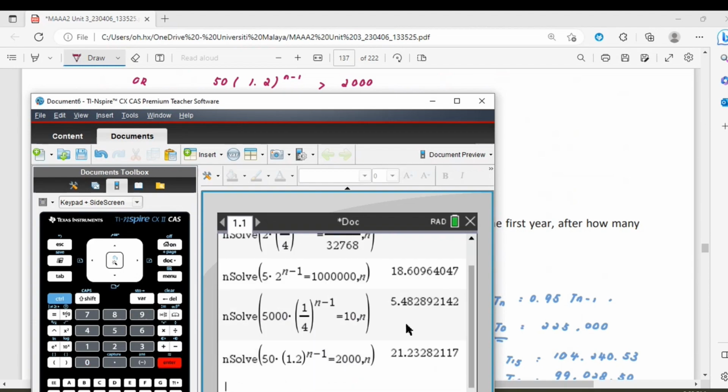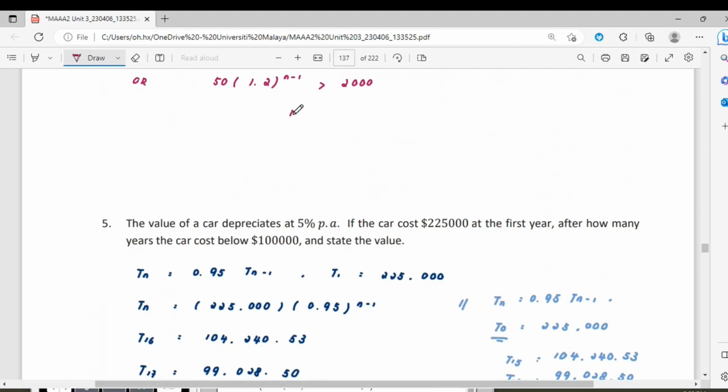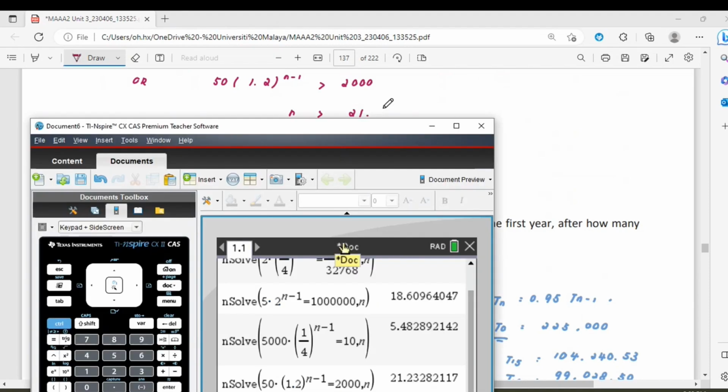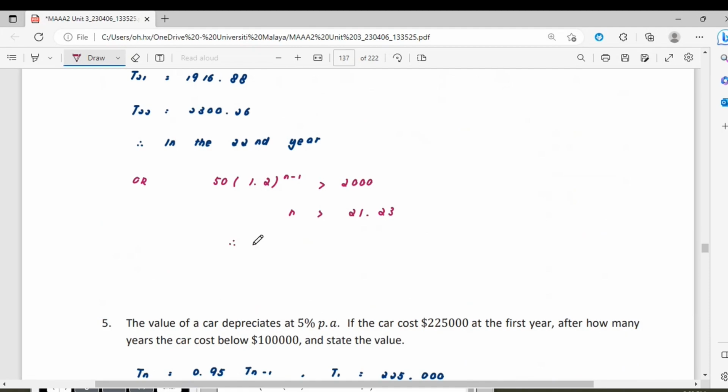So you can get the number. In this case, you can see 1.2 is more than 1, so you no need to flip the sign. So that's 21.23. So n greater than 21.23. So we can get n equals to 22 as well.